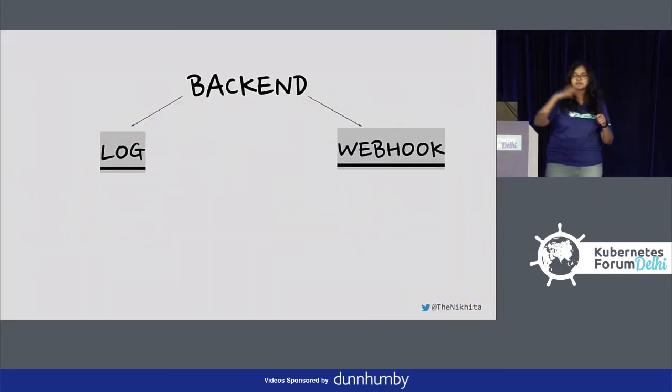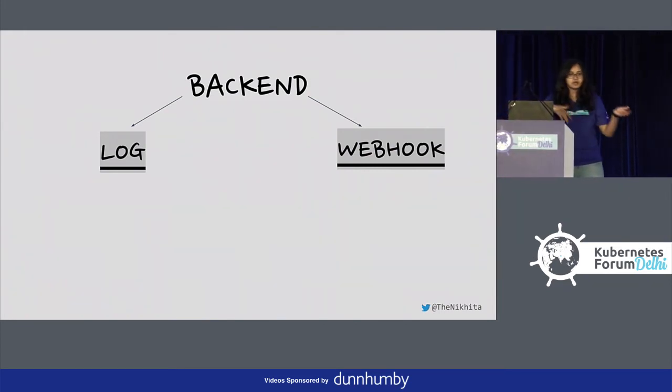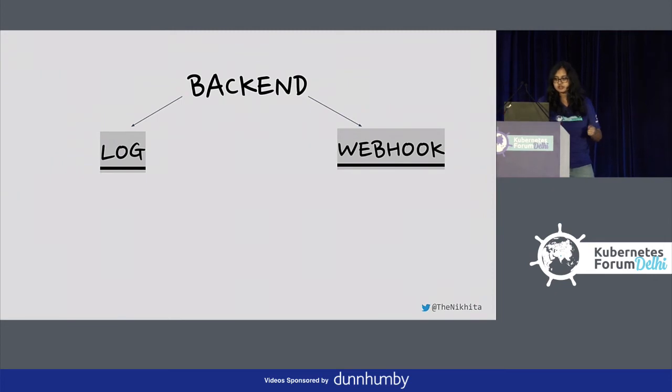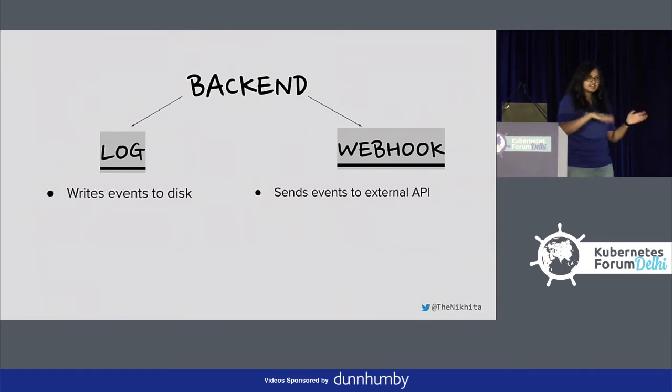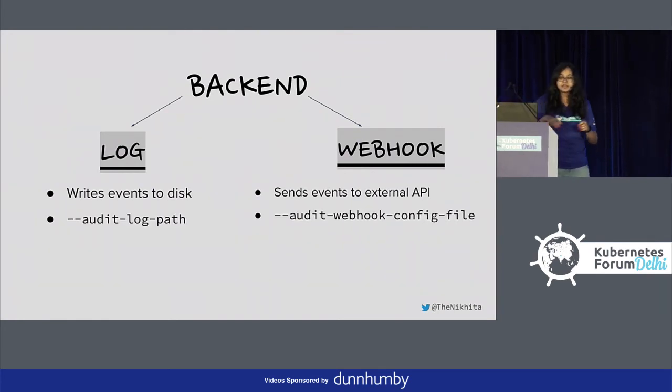The place where these logs actually go is called a backend, and there are two types of backend, a log backend and a webhook backend. The log backend writes these logs to a disk, and the webhook backend sends them to an external API. For the log backend, you will give the audit log path flag to the API server to denote the file path where these logs should be stored.